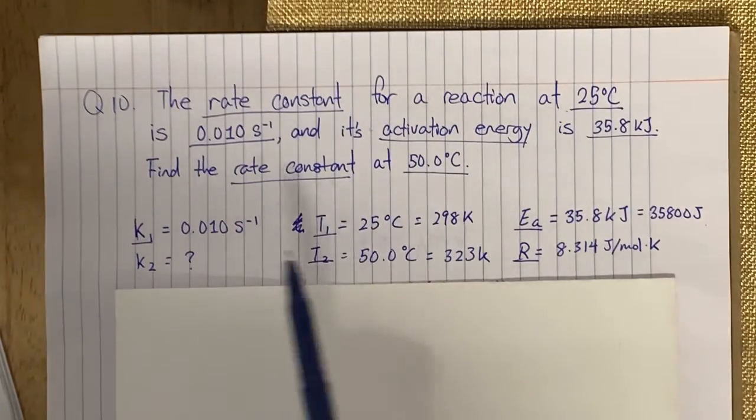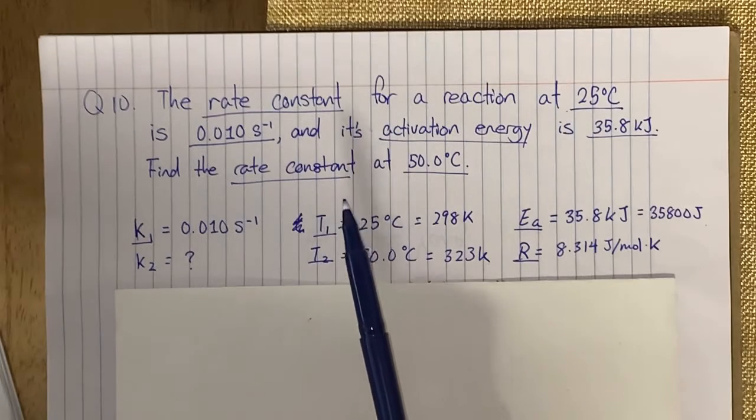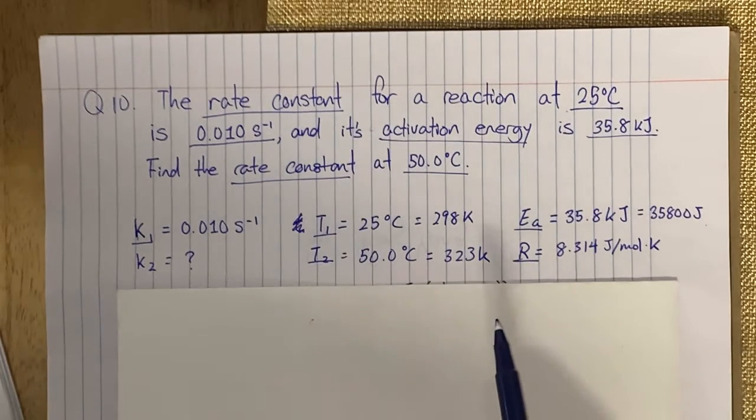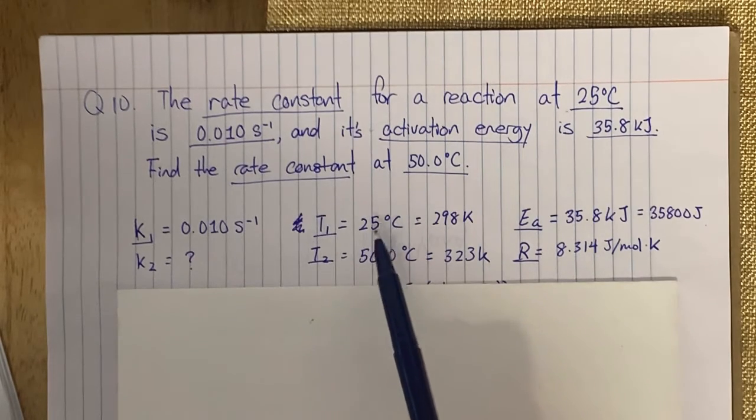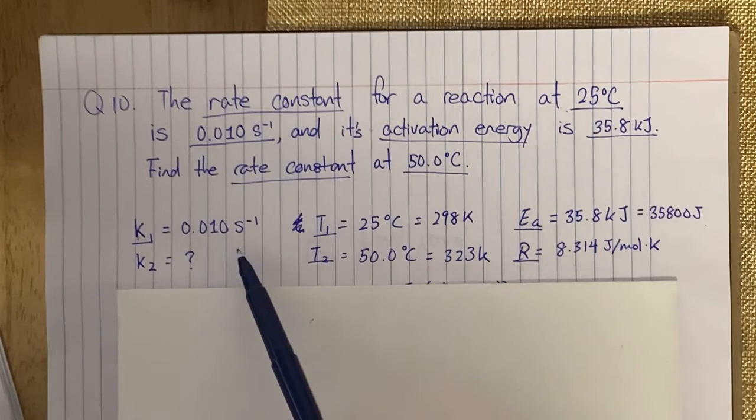Now, going back to the question, we can make a shopping list of the important information we will need to plug into our equation for K2. We know that the initial temperature of the reaction is 25 degrees Celsius. At the initial temperature, our rate constant is 0.01 seconds to the negative 1.